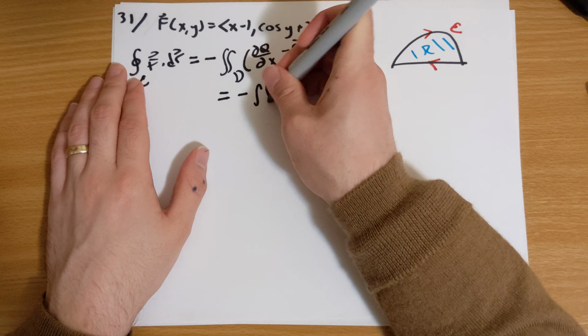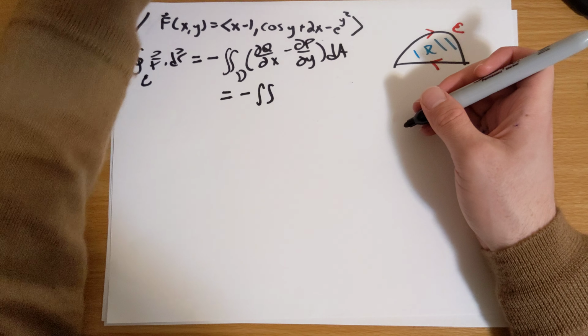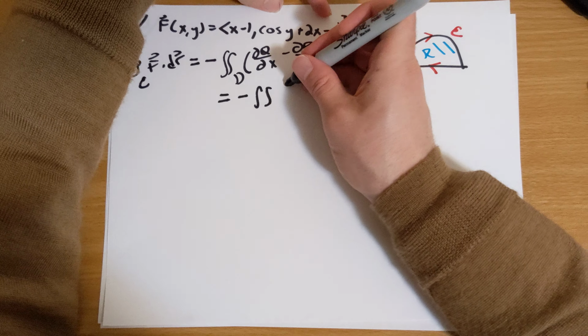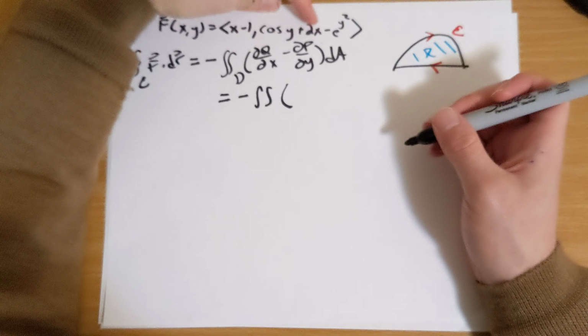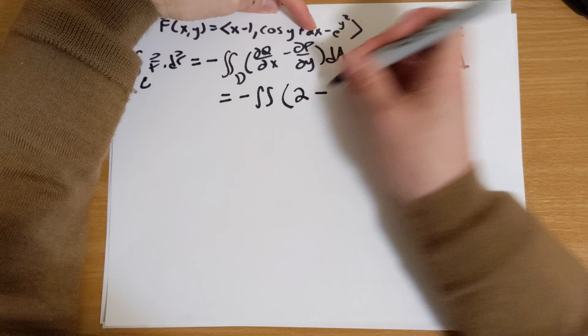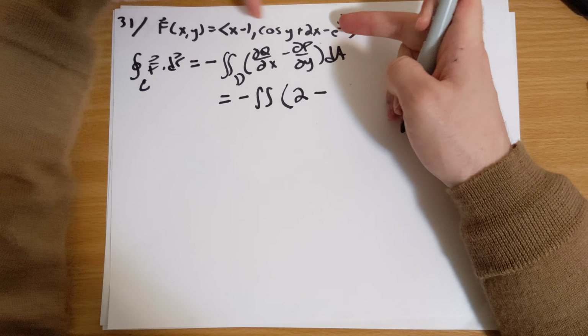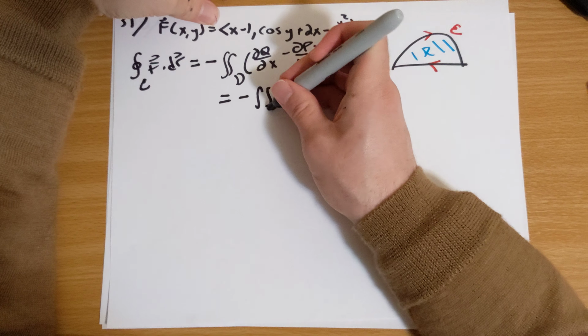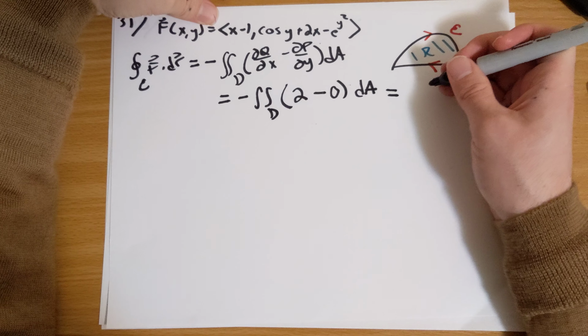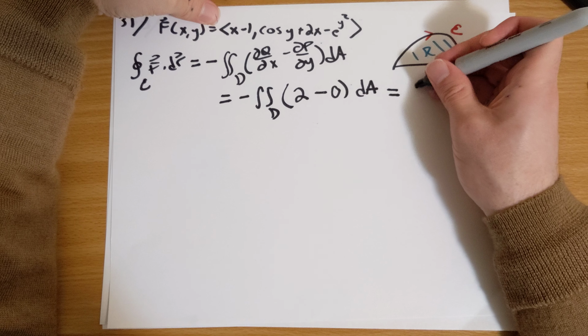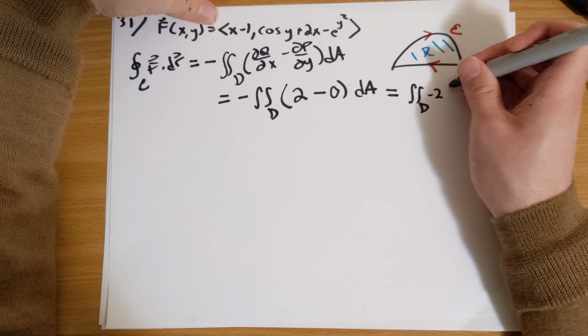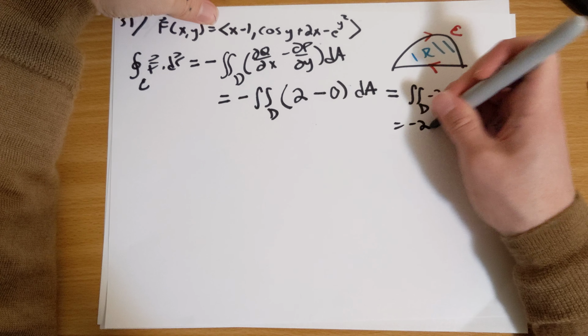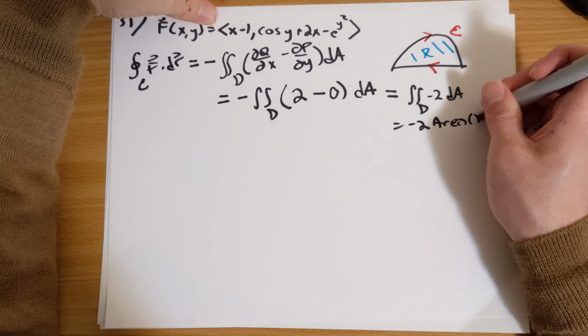So minus double integral: partial Q partial x is going to be 2 because there's no x dependence in those other terms. Partial P partial y is 0. Okay, so it's the integral of minus 2 dA, so that's negative 2 times the area of D.